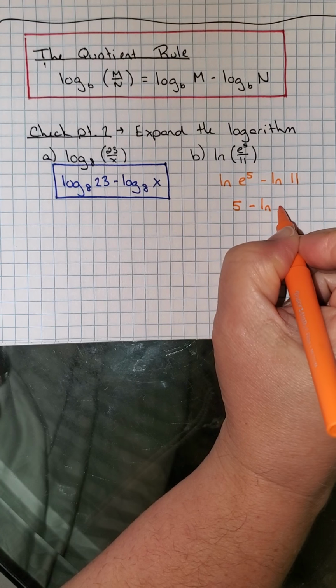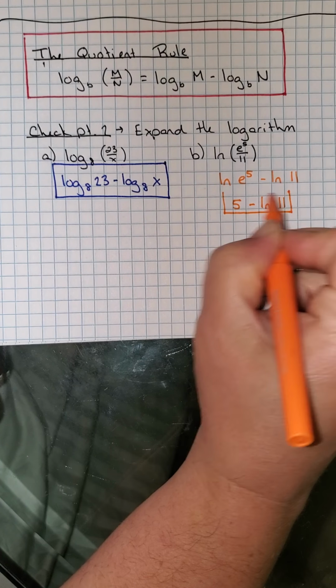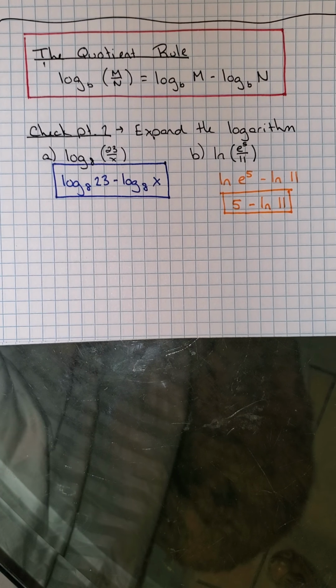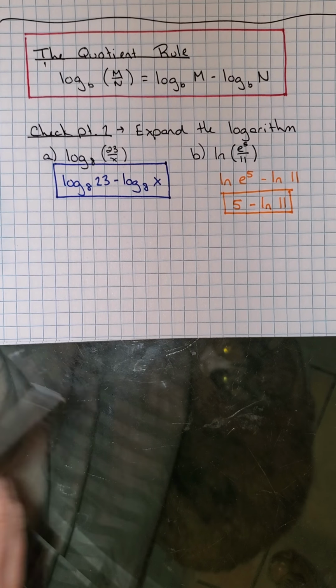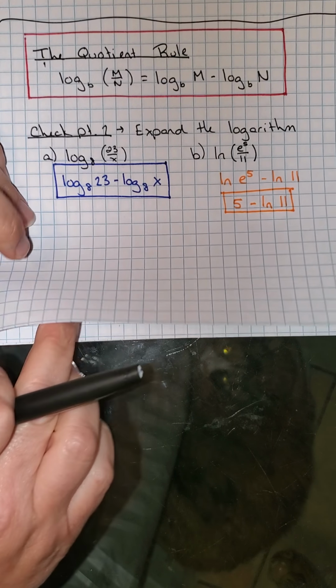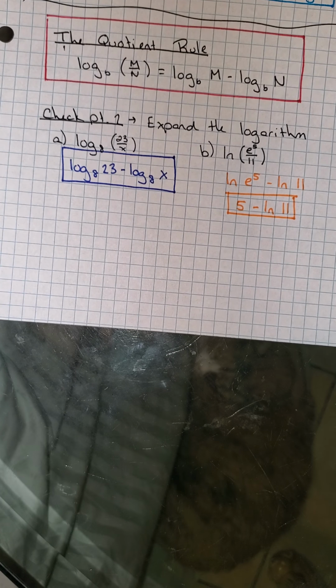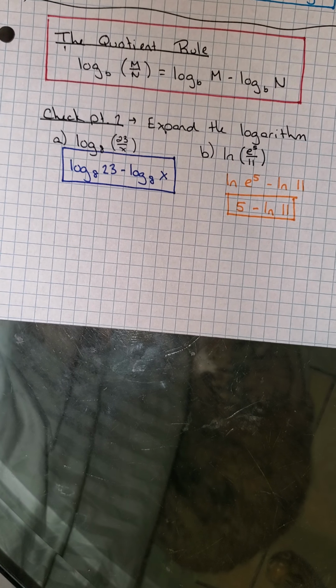So you have 5 minus the natural log of 11. And 11 just looks like a bunch of more L's. Okay, so that's the quotient rule. Basically the opposite of the product rule, where multiplication becomes addition and division becomes subtraction.